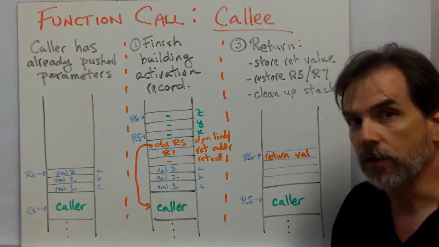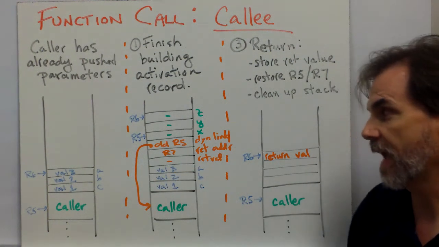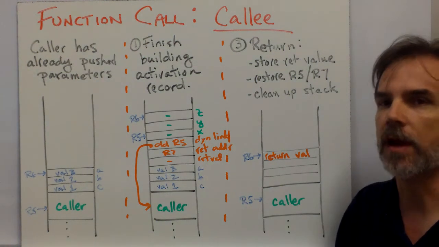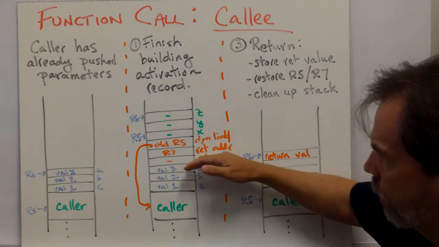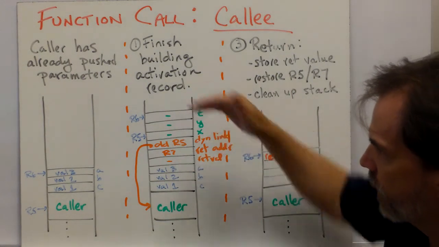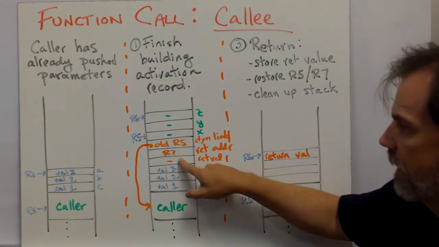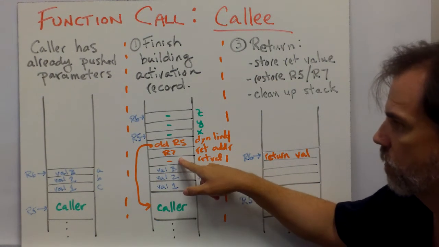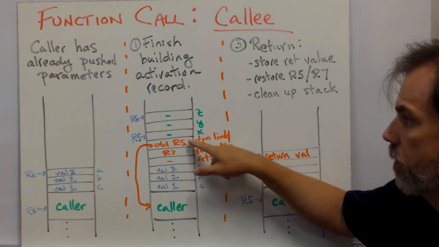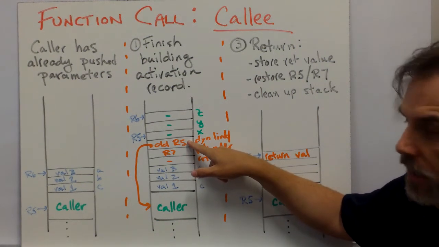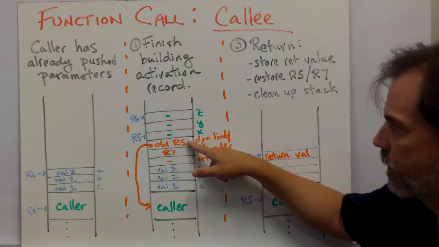The first thing we do inside the function is we have to finish building the activation record. So we start with this, right? That's given to us, and then we push this other information onto the stack. So we leave space for a return value if there is one. We push R7 to remember it. We push R5 because we're going to change R5 to point to our locals.